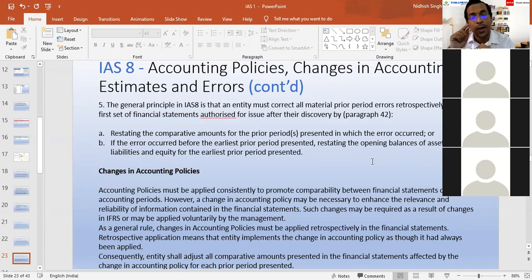However, in case of accounting estimate, we make the changes prospectively, because it will reflect the future estimates. There is a significant impact on the carrying value of the asset, right? Carrying value.